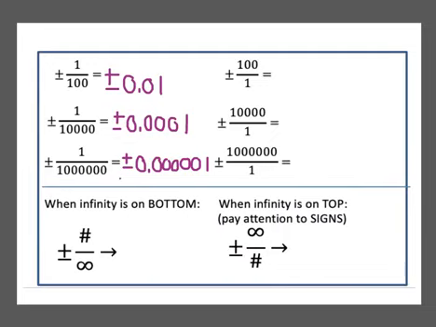The larger the number on the bottom, the more zeros are added behind the decimal point, and it's going to approach 0. So if you have infinity on the bottom, which means you have an x left on the bottom that you're able to plug that large number into, then your asymptote is going to be y equals 0.